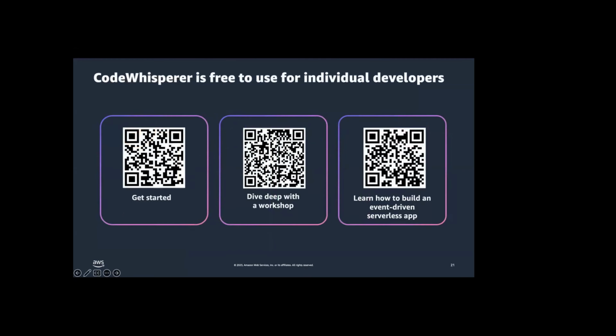These are jumping off points if you want to get started. There's a deep dive workshop here, and I'm going to paste these URLs into the chat so you don't have to use the QR codes. And there's a whole video out there about how to drive an event-driven serverless application using CodeWhisperer. The guy in the video uses CodeWhisperer to generate a pretty big app in less than an hour.